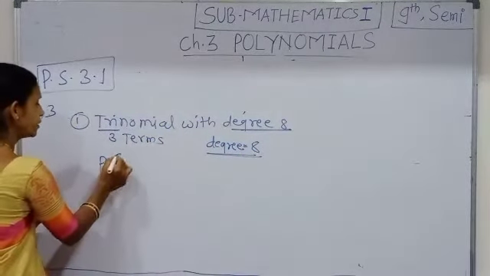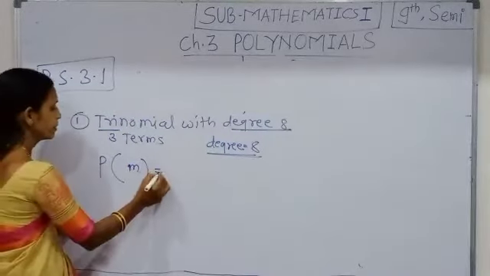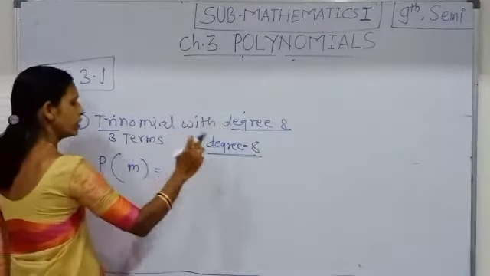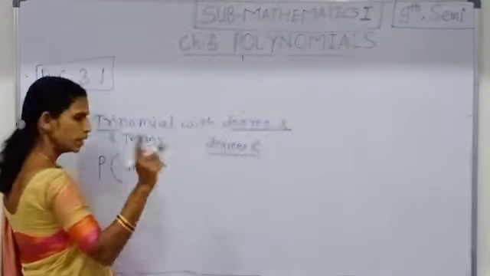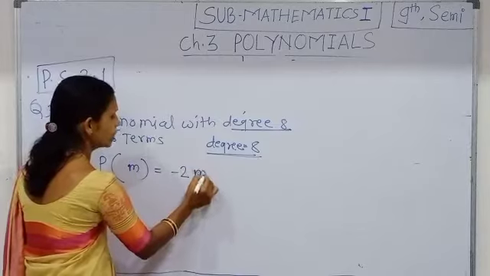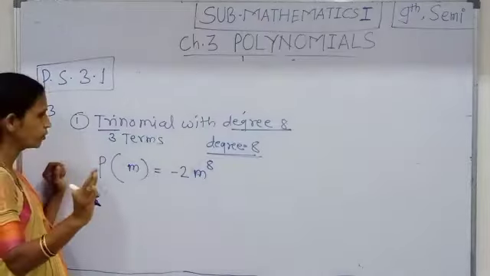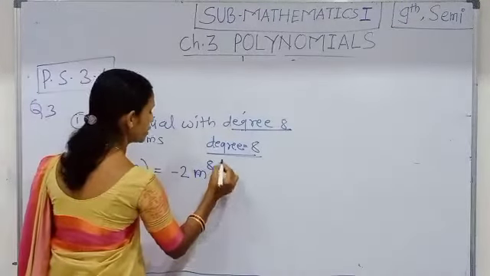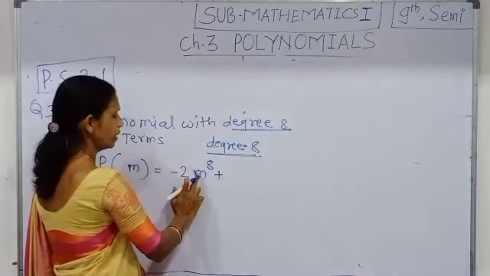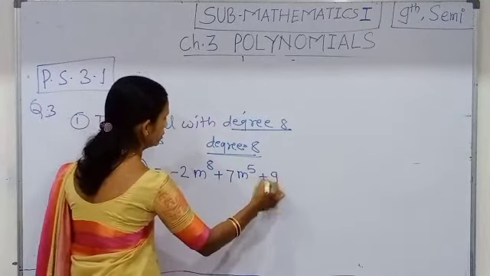Let us consider the polynomial in m variable, and here the degree of that polynomial is 8. Therefore we should write the degree of that m as 8. Suppose minus 2 m raised to 8, then there should be only three terms. Therefore we can write any polynomial with degree 8, then plus 7m raised to 5 plus 9.